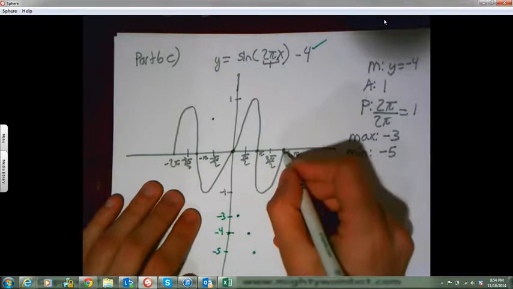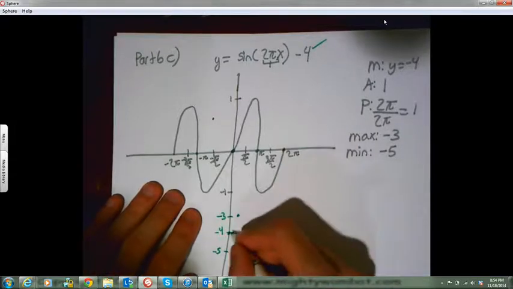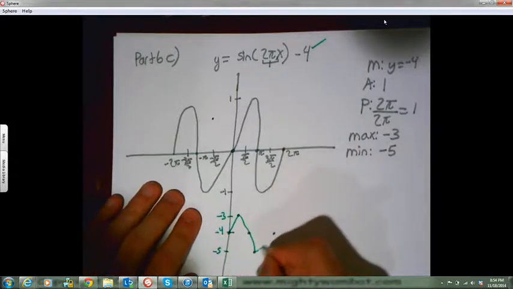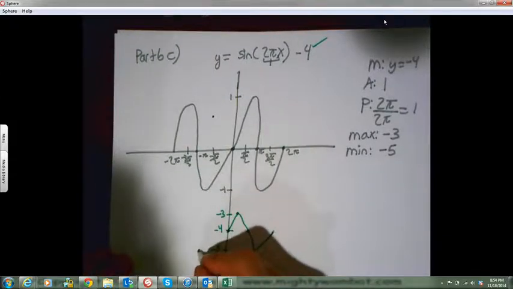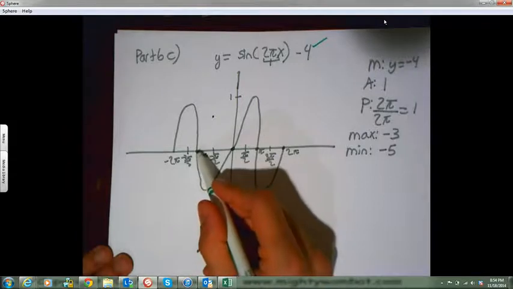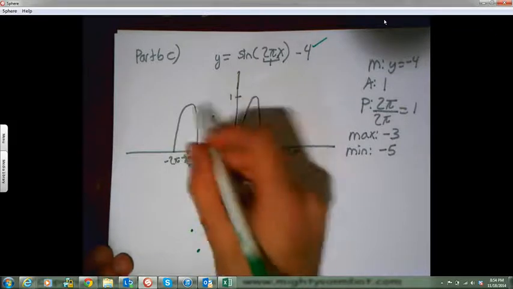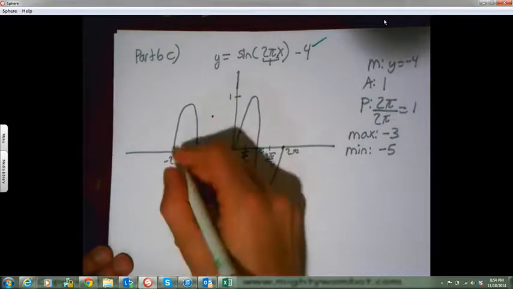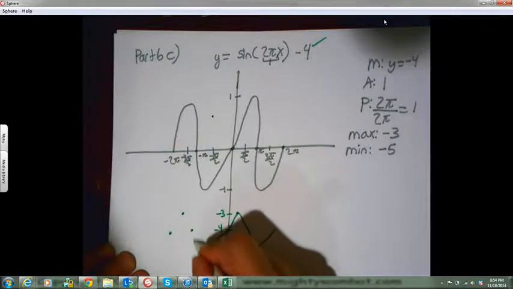This 0 will come down to -4. So up, down, up. Coming over here, the -1 is going to come downstairs to -5. The 0 will come downstairs to -4. The +1 will come downstairs to -3, and the 0 will come downstairs to -4, and here we have it.